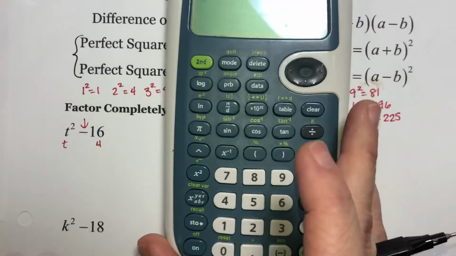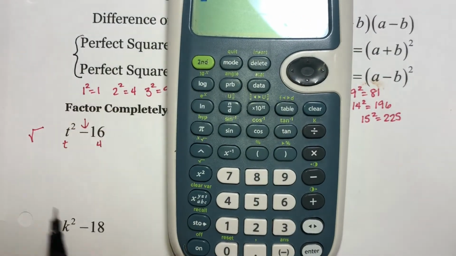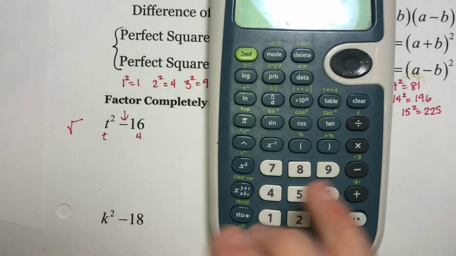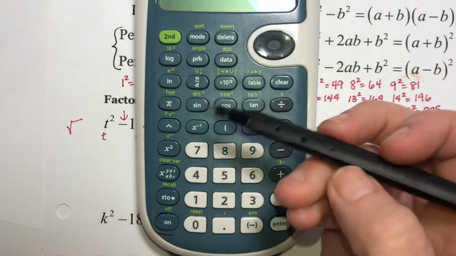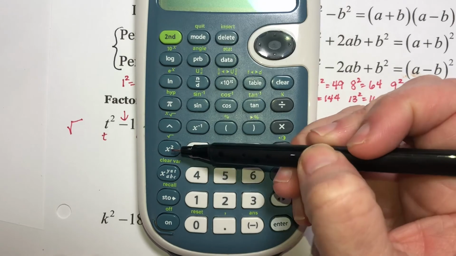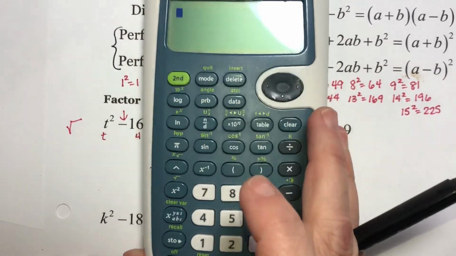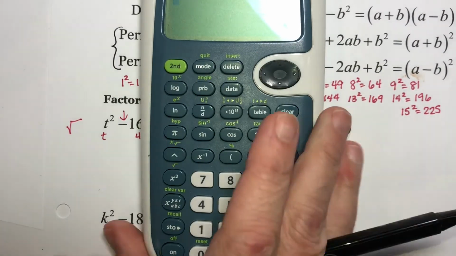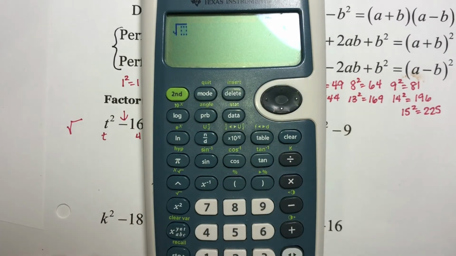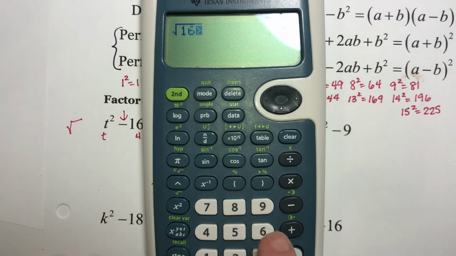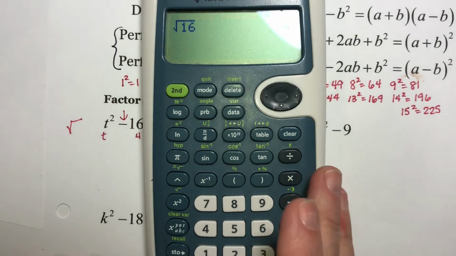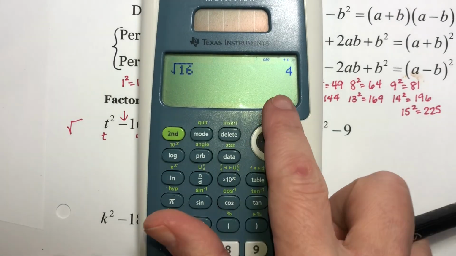Okay? If you are wondering how to tell whether or not something is a perfect square, what you want to look for is the square root button on your calculator. On this calculator, you look at the button directly beside the 7, and it is above that. So to use that, we're going to have to hit second, and then that button, and the square root's going to appear there. And if I hit 16, I should get 4, okay?